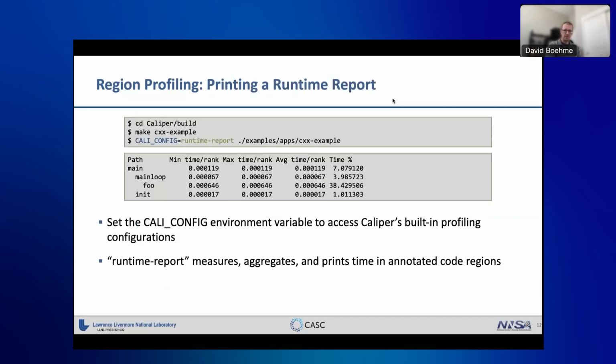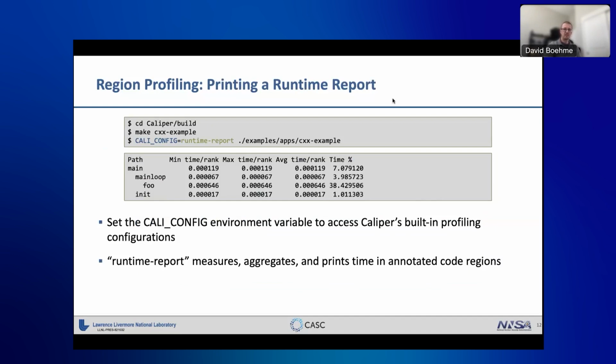Okay, so once we have these instrumentation regions in place, we can run performance measurements. The easiest way to do that is to use one of Caliper's built-in profiling recipes, and there are a bunch to choose from. You can select these with the CALI_CONFIG environment variable.